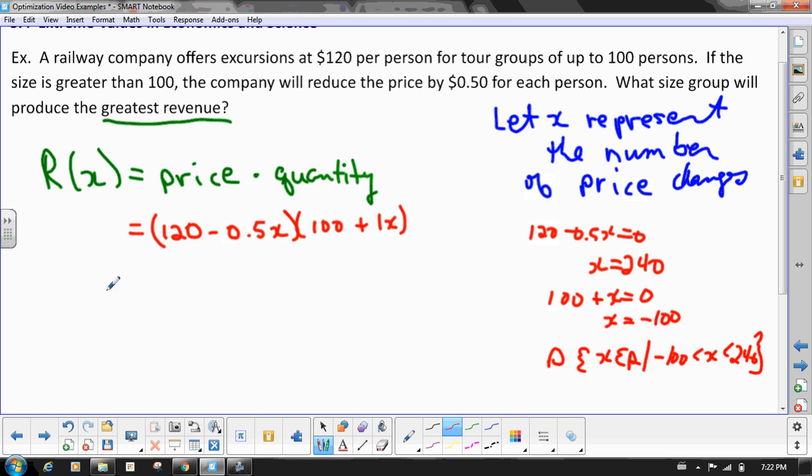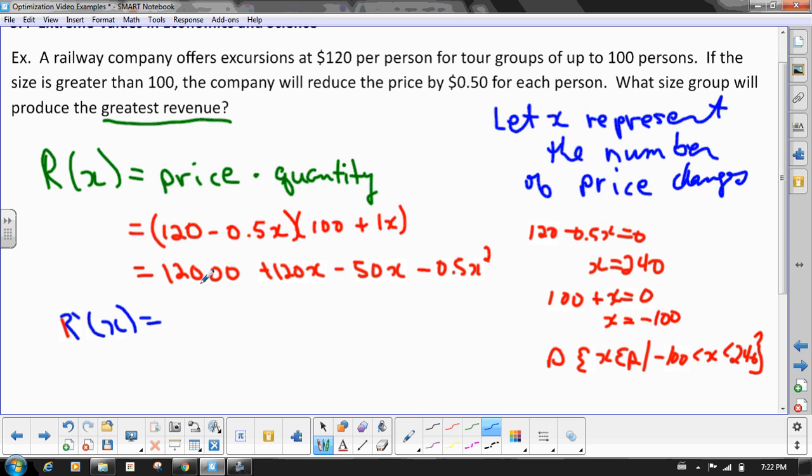Okay, so before I do my derivative, I'm going to expand it. So we have 12,000 plus 120x minus 50x minus 0.5x squared. So now I'm going to do my derivative. So R prime of x, the 12,000 goes away.